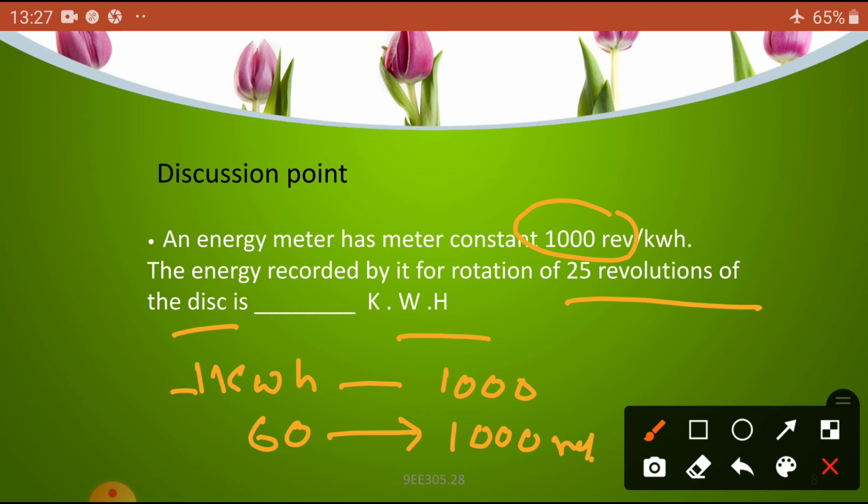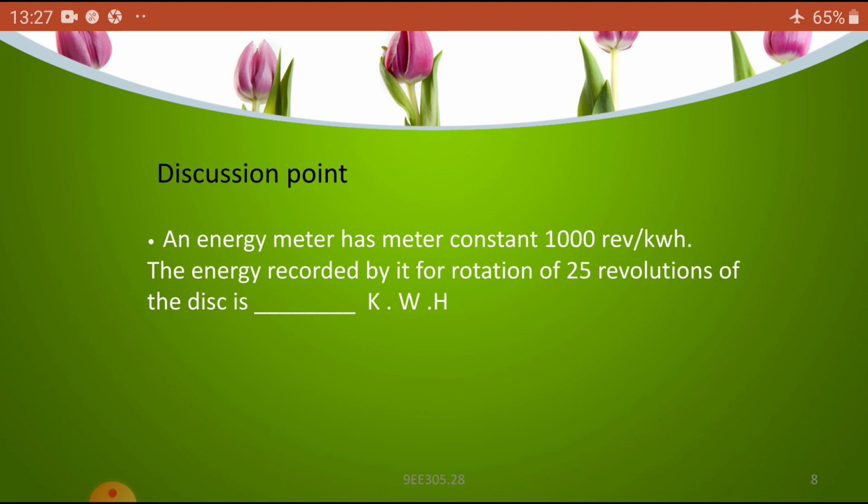Now the energy recorded for 25 revolutions, how much? 1000 revolutions is 1 kilowatt hour. Now 25 revolutions, how much?